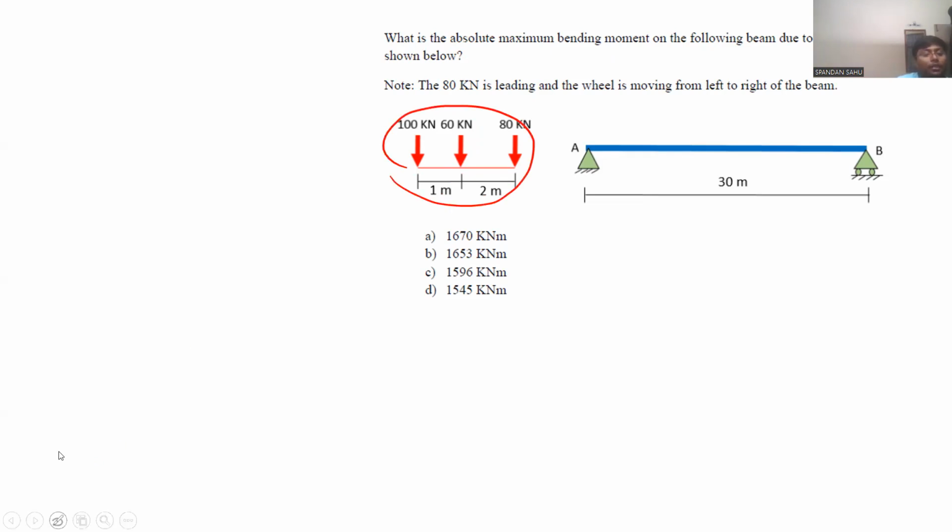To determine the resultant, let us take moment about point A or the 80 kilonewton load. So we can write moment about point A will be equal to 0.